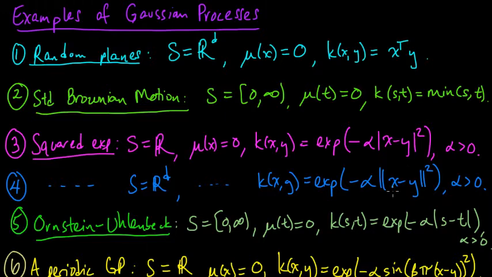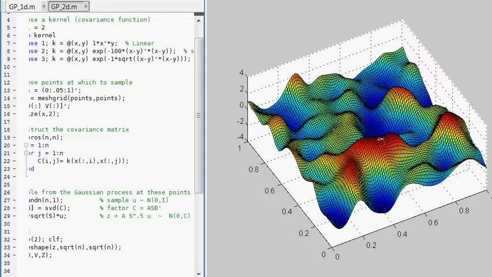On the other hand, points which are far away have a large Euclidean distance from one another. And so e to minus that is going to be very, very small. So their covariance is going to be large when they're nearby and very small when they're far away. And that is what you see in this picture: x's which are very nearby to each other, like this one and this one, are very nearby in space, and so their z values are also highly correlated.